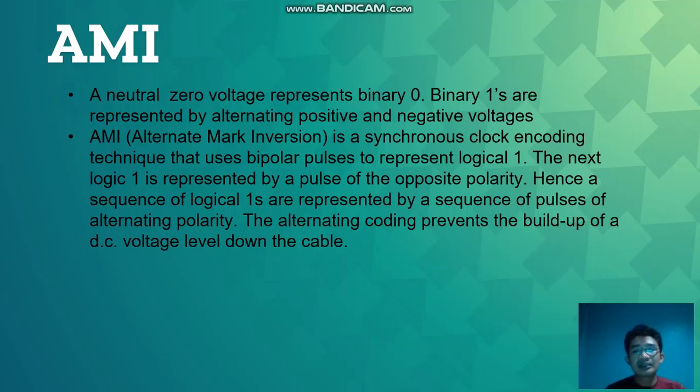The next logical 1 is represented by a pulse of the opposite polarity. Hence, a sequence of logical 1s is represented by a sequence of pulses of alternating polarity. The alternating coding prevents the building up of a DC voltage level down the cable.